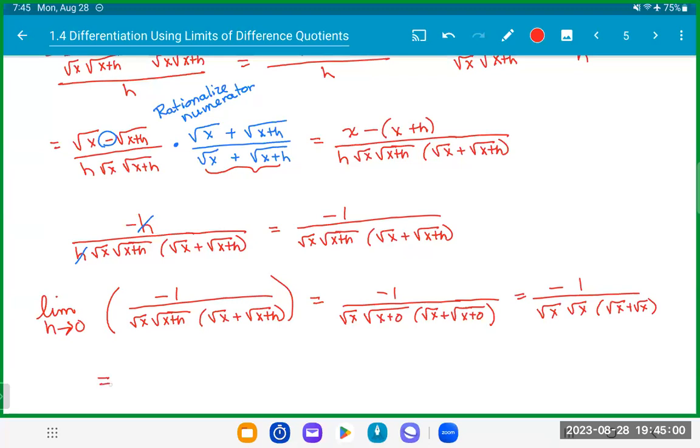So that simplifies to the square root of x times the square root of x gives me x, and the square root of x plus the square root of x gives me 2 square roots of x. And so we can just put that all together as 2x square roots of x.